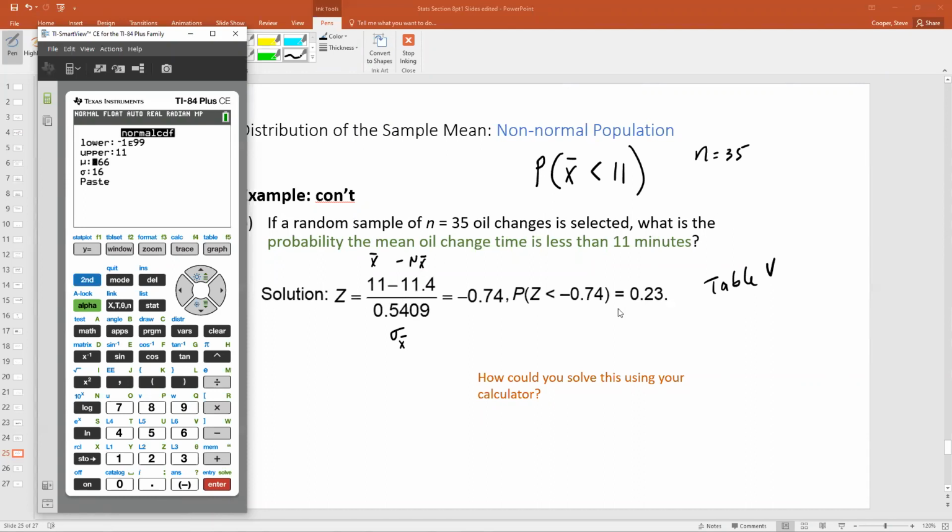And then mu is the original mu of 11.4, but sigma is sigma of x bar, 0.5409. Okay, and we get to the nearest hundredth the same result that table 5 would give us in this example by converting to standard normal.